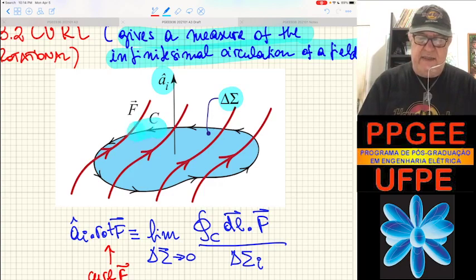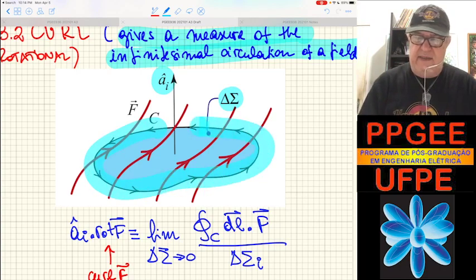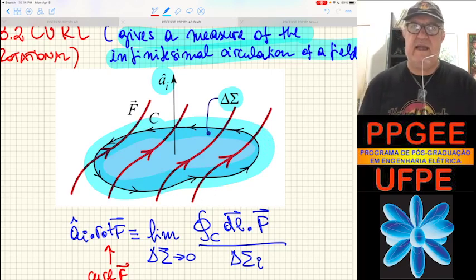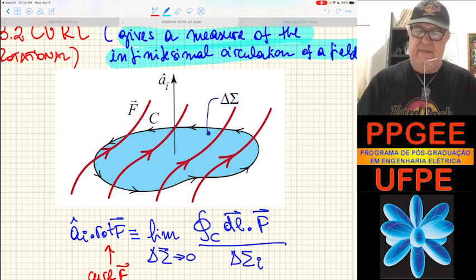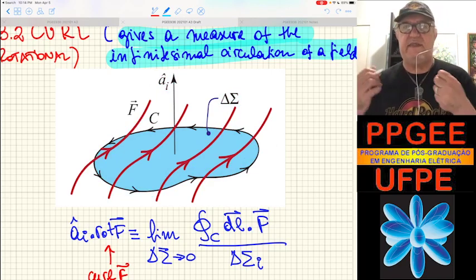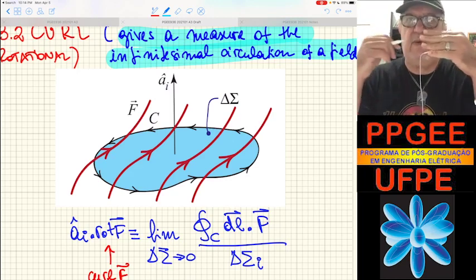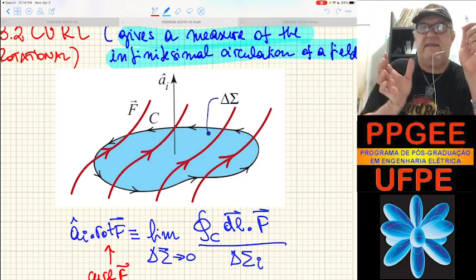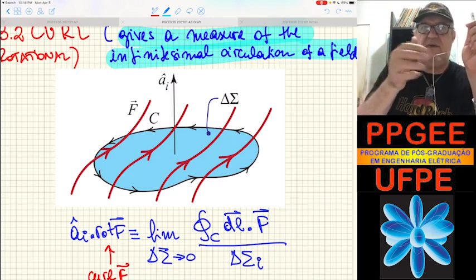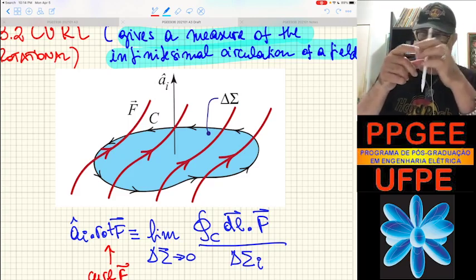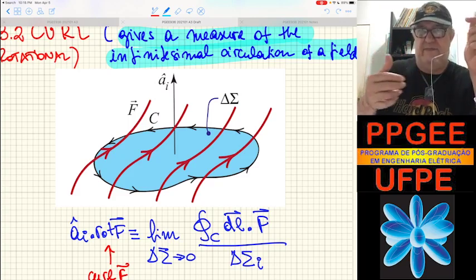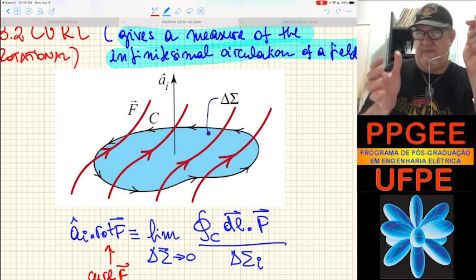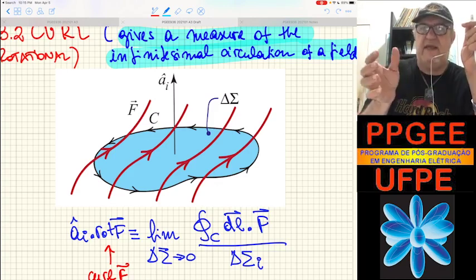You calculate the circulation around the contour that encloses that open surface, and then you have one property which is the circulation. In fact, notice that as we define this direction AI, the sense of the path is going to be using the right hand rule. Imagine that you are holding the path with your hand, so you have this combination of directions.